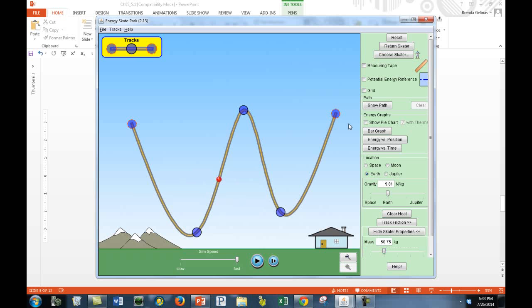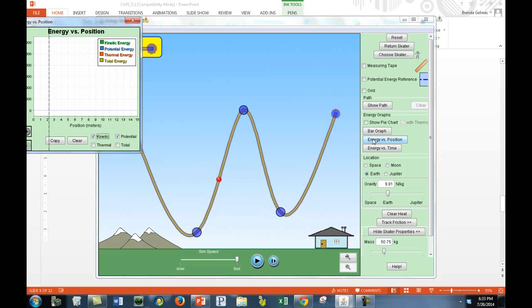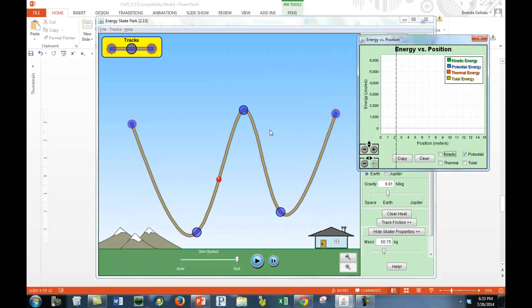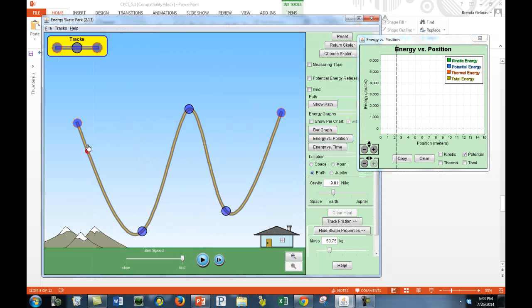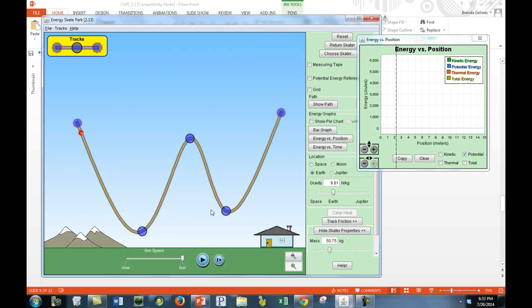And what I want to do is look at what's happening with the energy of the ball relative to its potential energy. So I'm going to move this over here so we can watch it. And I'm going to start with the ball, let's say right here. Take a look at what's happening.